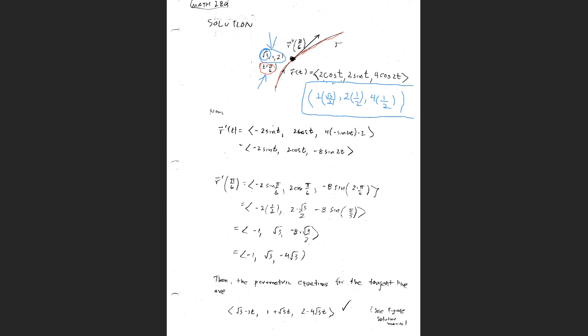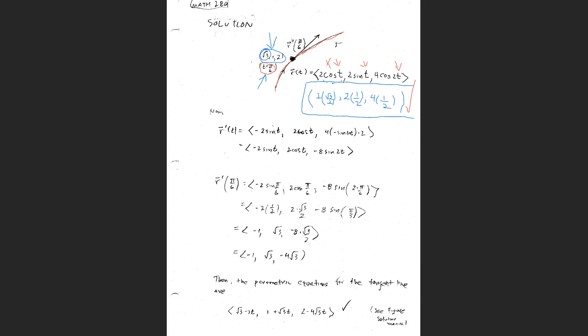So the t value here has to be a t value because we're differentiating with respect to t. We've got to find the t value that's going to work here so that we get this point. Which one of the components is the easiest to work with?